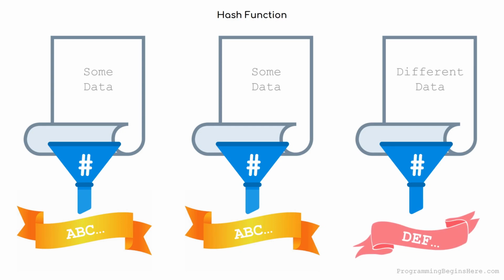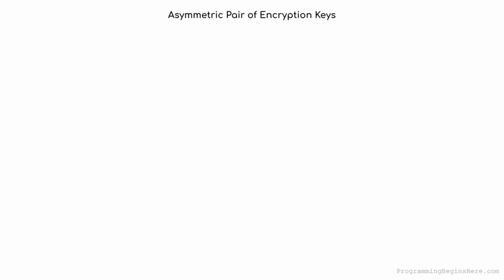Now let's get to the asymmetric pair of encryption keys. As you may already know from my other videos, asymmetric pair of encryption keys is a public key and a private key. The public key is something that can be publicly distributed and available to anybody, hence the name public, while the private key must be kept in secret by the owner and hence the name private.